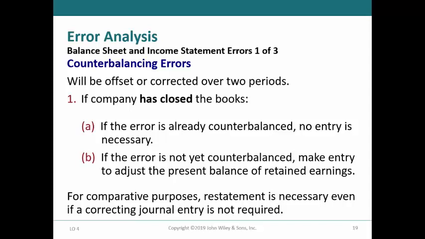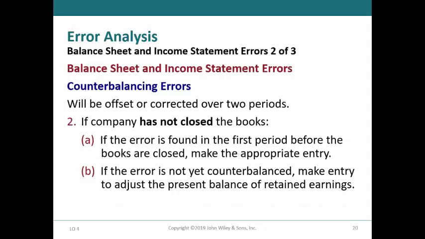An example of a counterbalancing error would be the failure to accrue salaries expense at the end of the period. This error would understate salaries expense and salaries payable in the first year and overstate them by the same amount in the next period. However, the error would self-correct or counterbalance over the two periods.